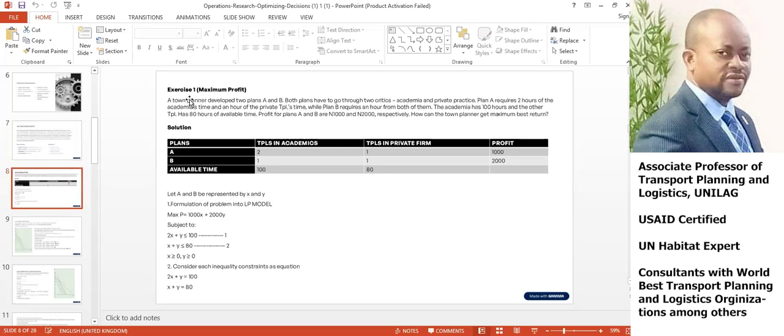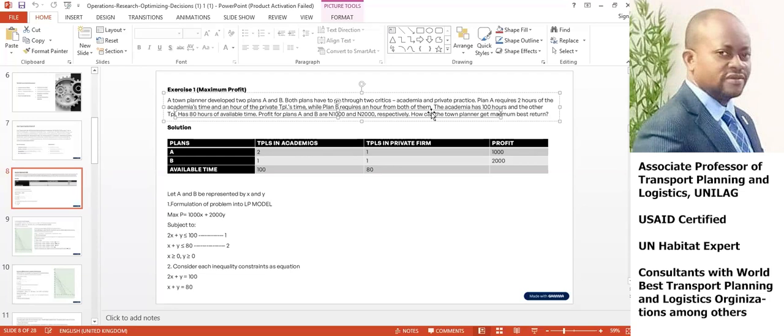Let's assume that this person is a logistics person who has developed two plans, plan A and plan B. Plan A requires 2 hours of academics time and an hour of private time, with plan B requiring an hour from both.